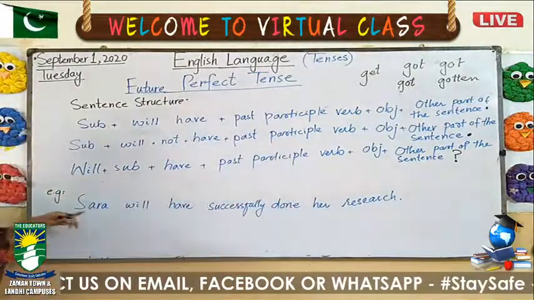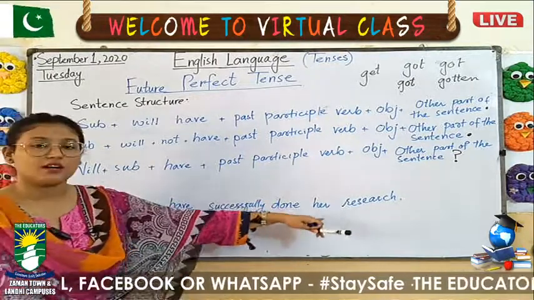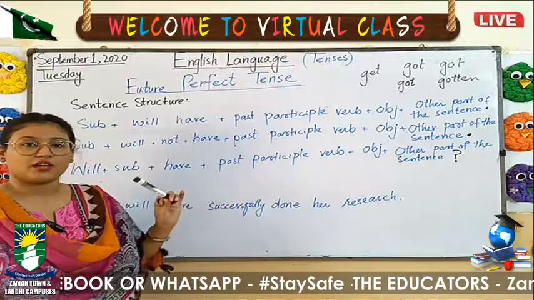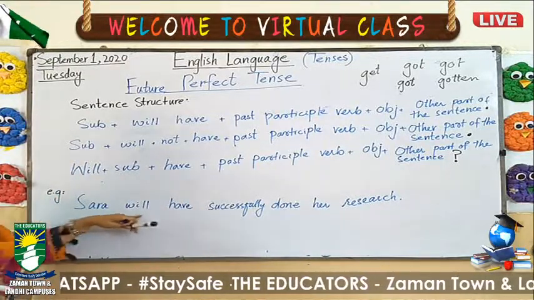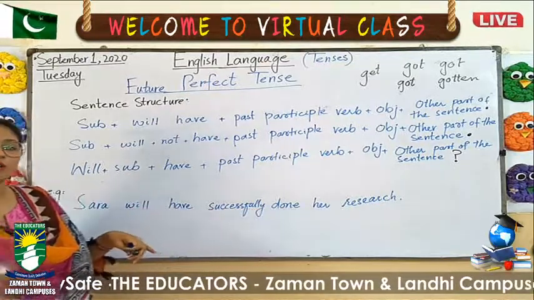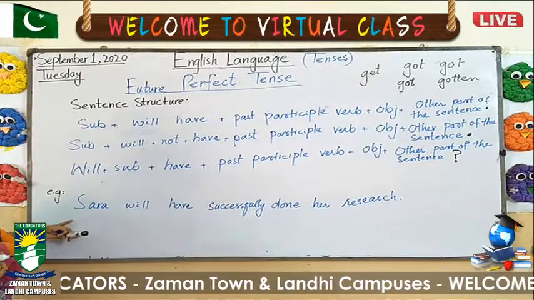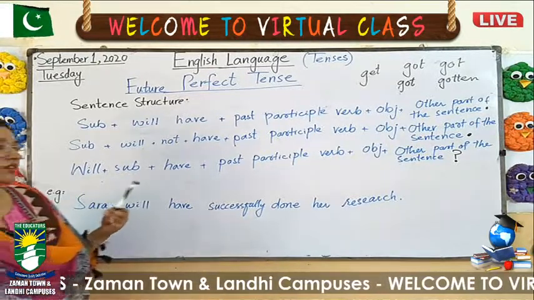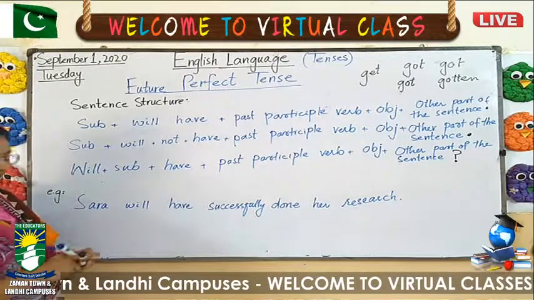Okay. Sarah will have successfully done her research. Is that clear? Let's change this sentence into negative. Sarah will not have successfully done her research. Then change this sentence into question. Will Sarah have successfully done her research? Question mark. Is that clear?